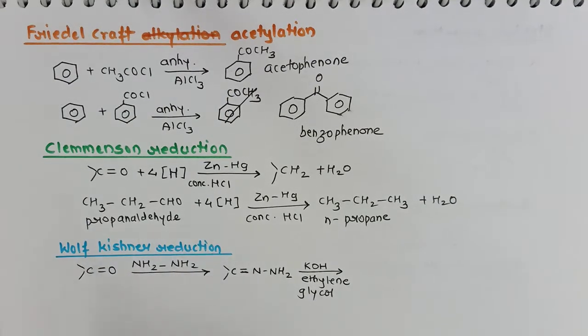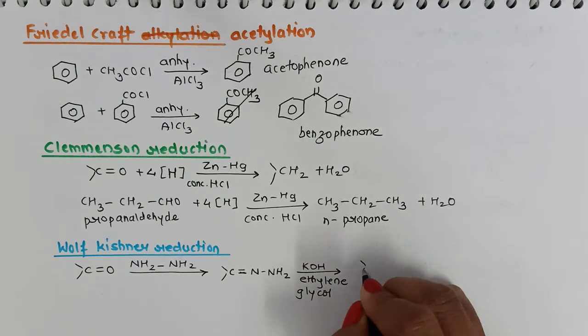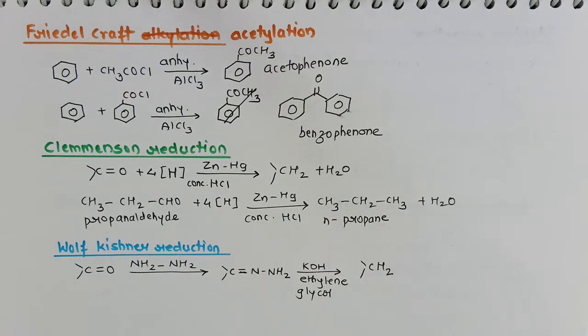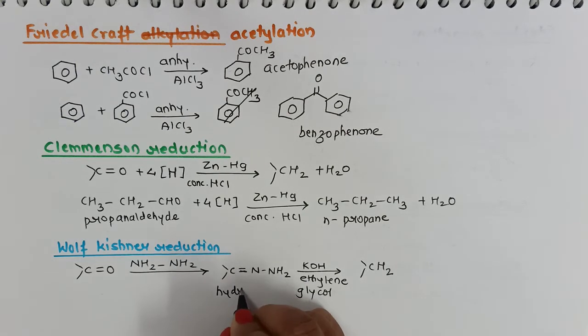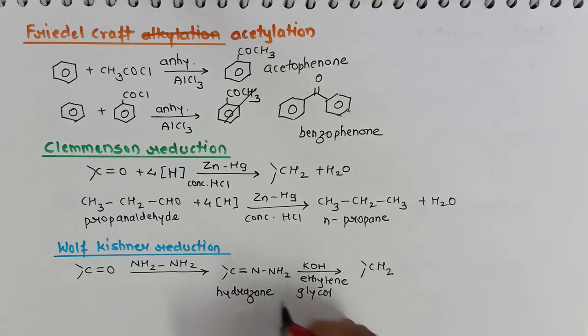Even in case of Wolff-Kishner reduction reaction, the carbonyl compounds can be reduced to corresponding alkane, but the difference is that of reagent. In case of Wolff-Kishner reduction, we are using hydrazine as the reagent or as the reducing agent, where we'll get hydrazone as the intermediate, and that on treatment with ethylene glycol and KOH will give alkane.